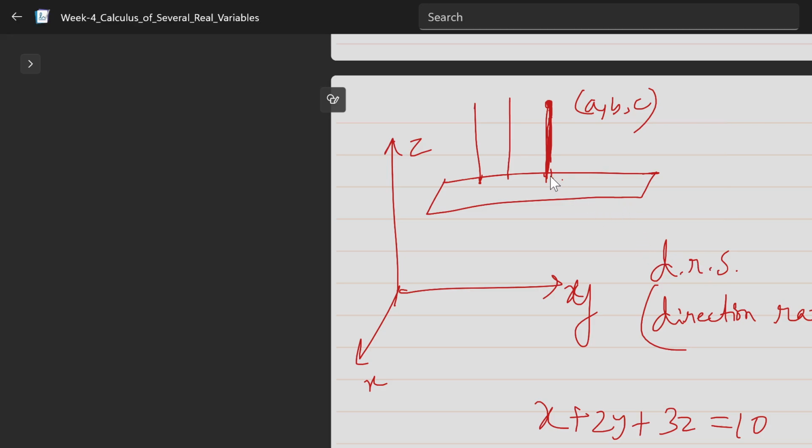I am telling in a different way so that you can solve other problems also. So the direction ratio of the plane and the direction ratio of a line perpendicular to the plane are always the same.